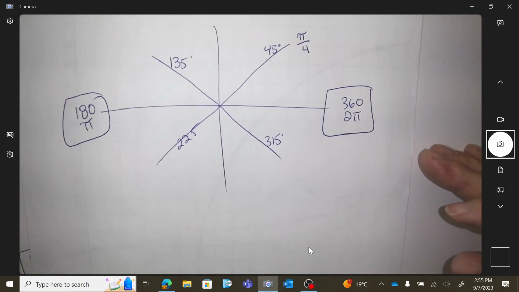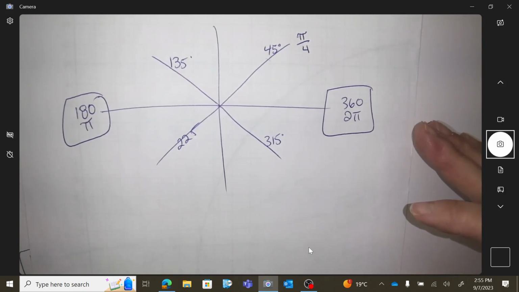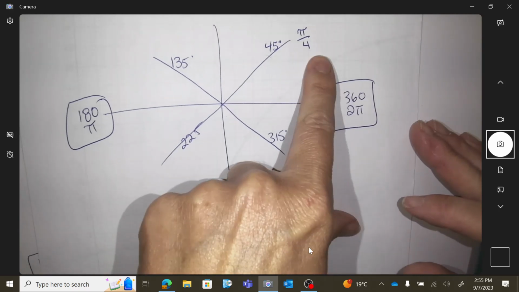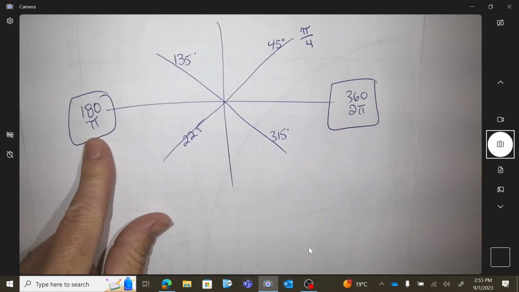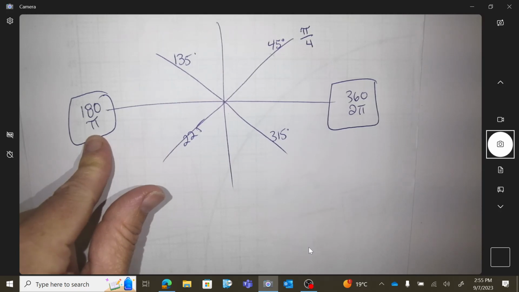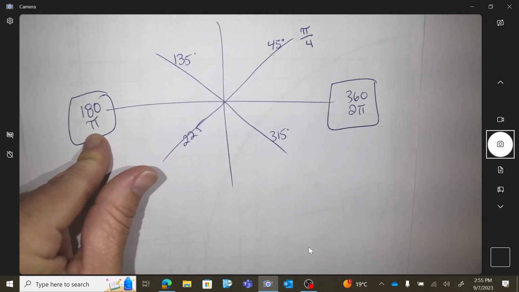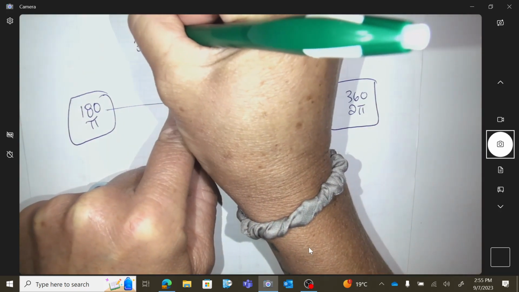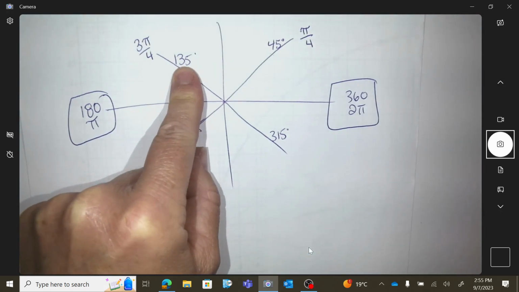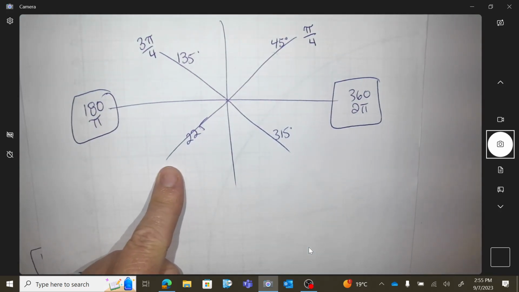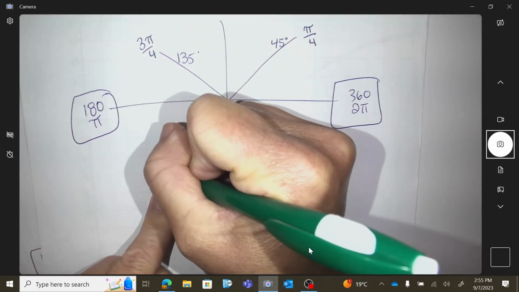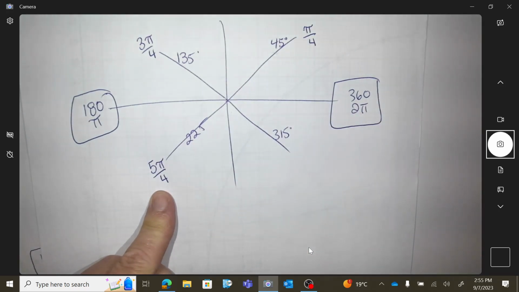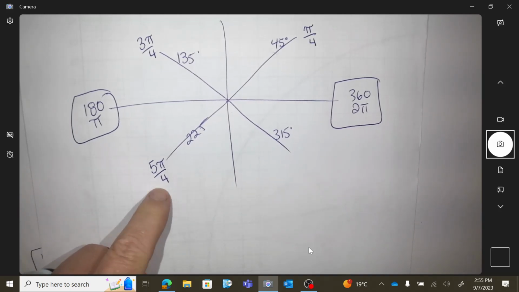Now my fraction has a 4 on the bottom, so my brain is changing. This 1 is now going to turn into a 4 over 4. So this is now 3 pi over 4. And this is now 5 pi over 4. So they stay the same, they're just different angles, and the bottom changes.